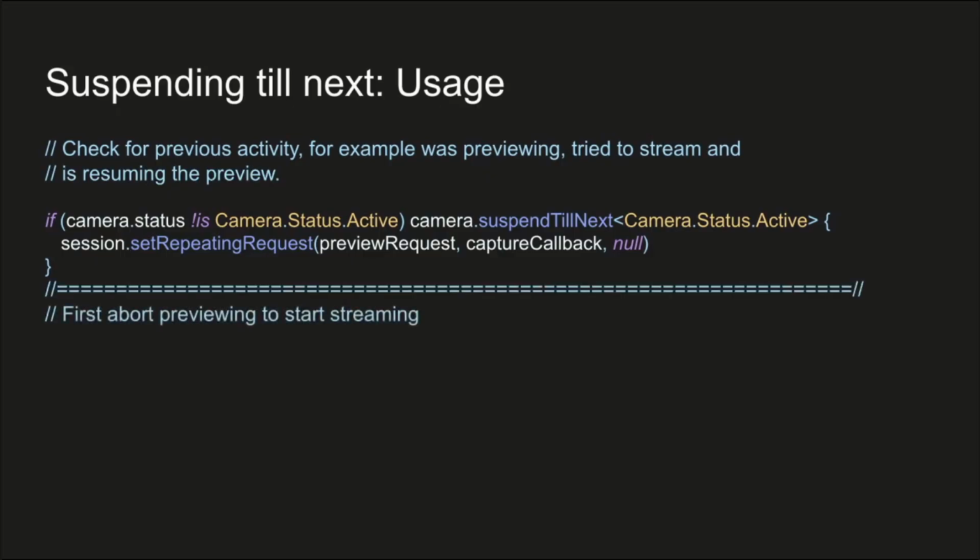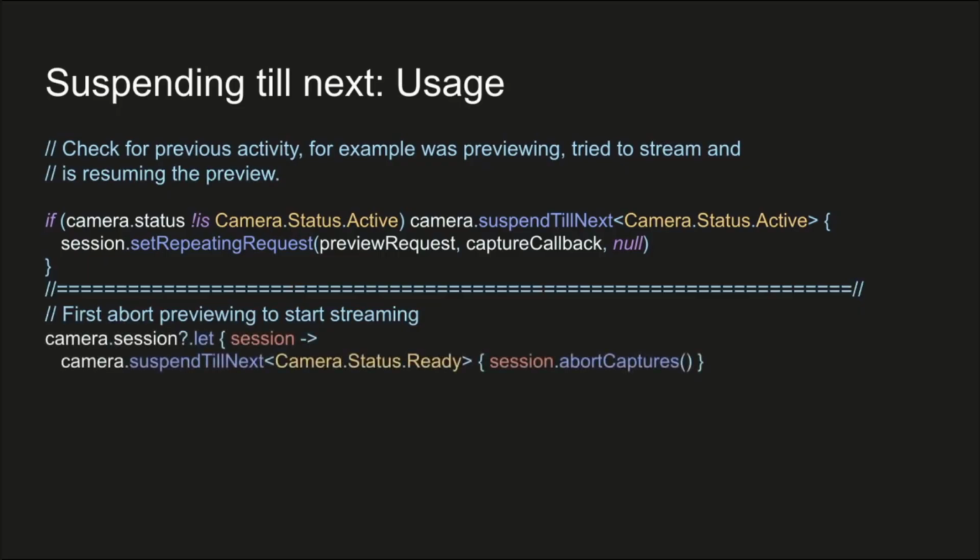Next, let's say I want to start previewing and I actually want to start recording for streaming. Well, I can get my camera session and then I can suspend till the camera is ready to receive more requests. And my trigger is abort capturing the preview. And then this method will suspend till the camera is ready to start accepting another request.